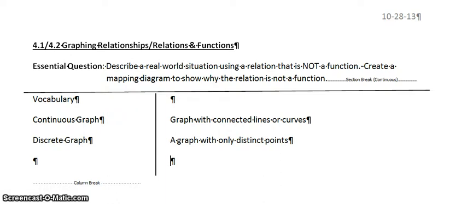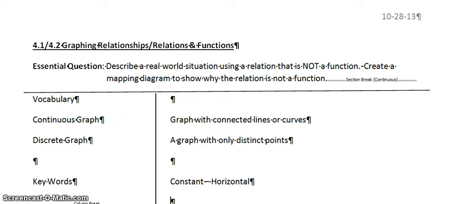So some of the keywords you're going to see in your problem solving for graphs are going to be the word constant. That's the key word, and that means horizontal. So that means the graph is going across.